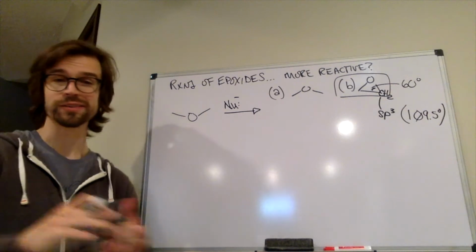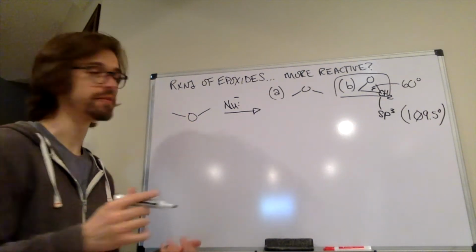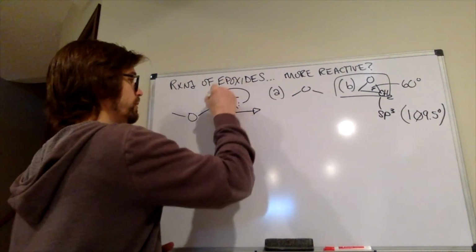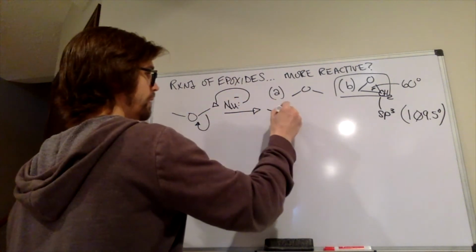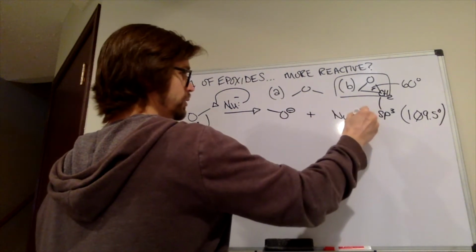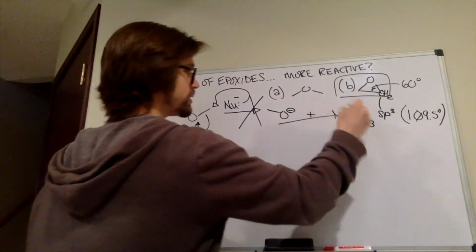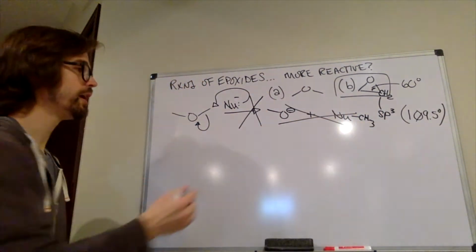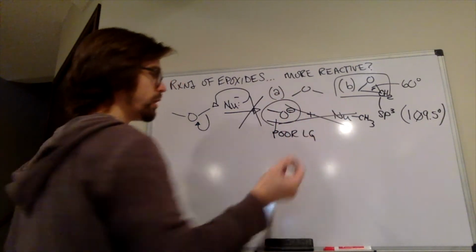Well, we've talked this whole chapter about O- is not a good leaving group. So if this nucleophile added to there and kicked off O-, we would have O- plus nucleophile that's attached to a carbon, right? But it turns out that this reaction doesn't happen. These things are not formed because this is a poor leaving group.